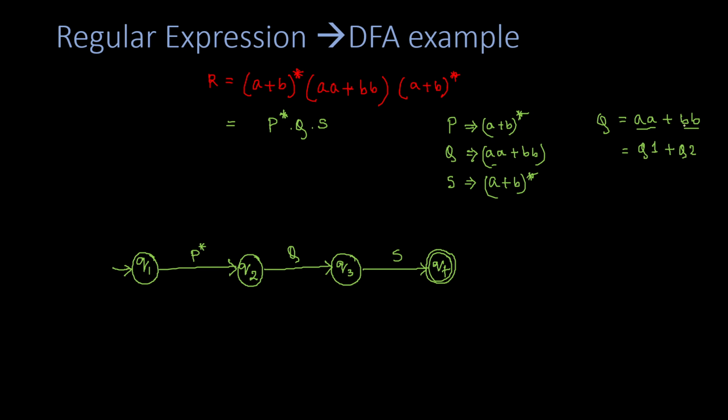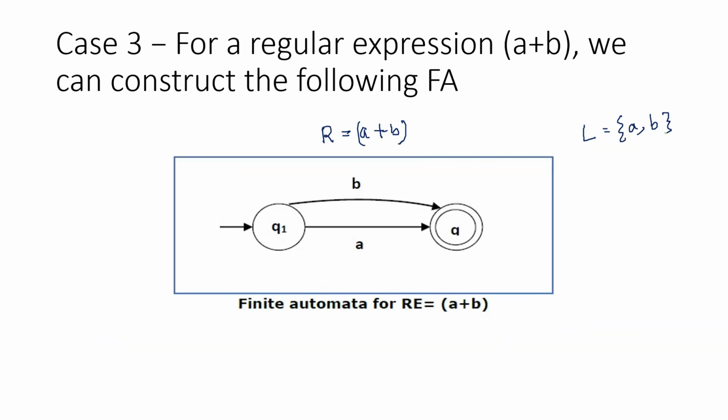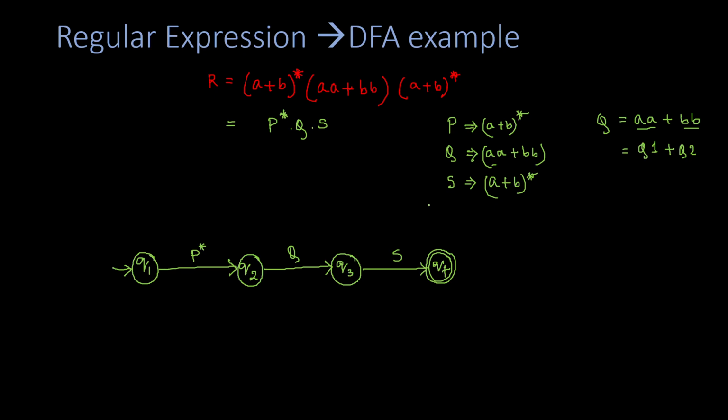And since we have a plus, based on this plus rule, I can have multiple paths here.